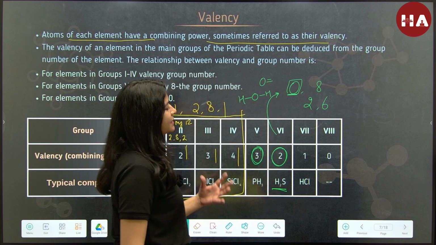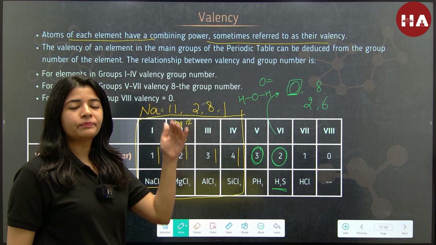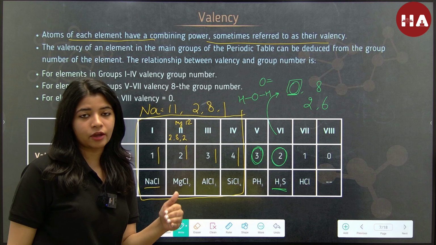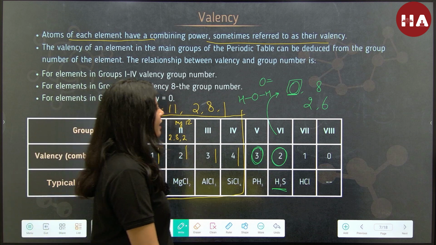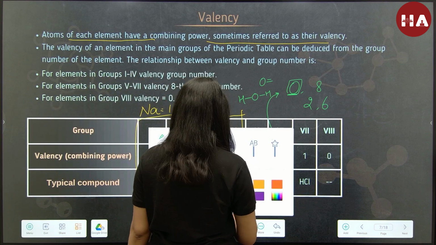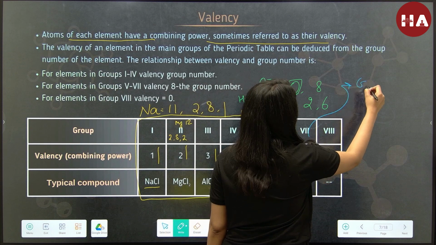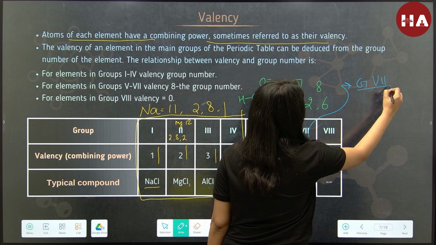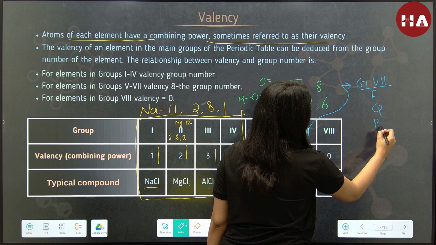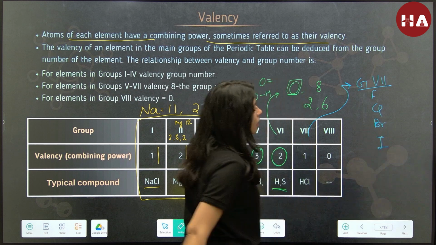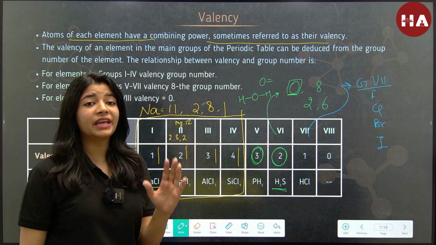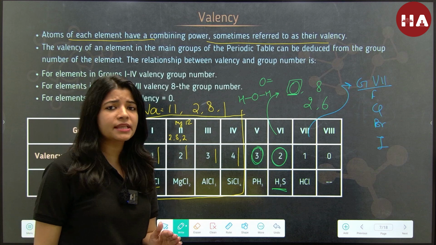Next is the 7th group, which is your fluorine, chlorine, bromine, iodine, the halogen group. Let's talk about fluorine of group 7. Here the valence electrons will be 7 in number.